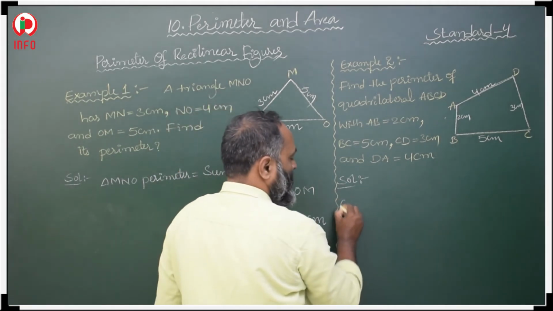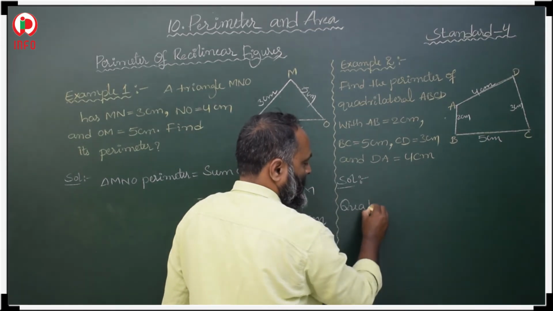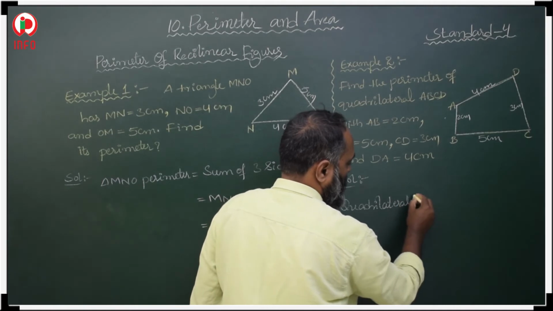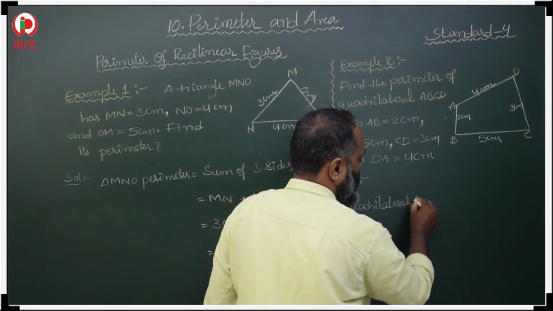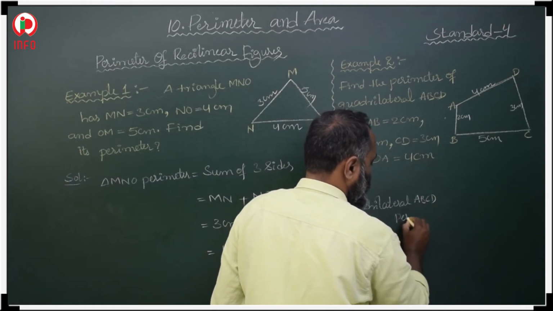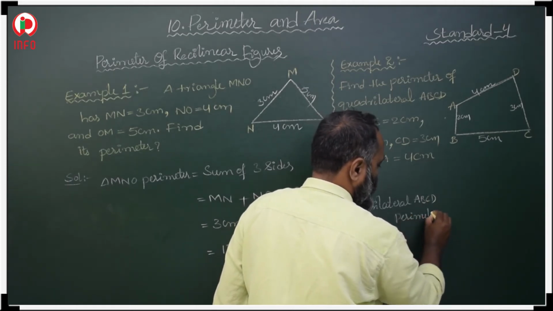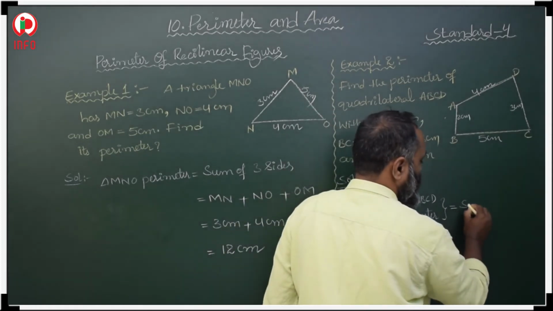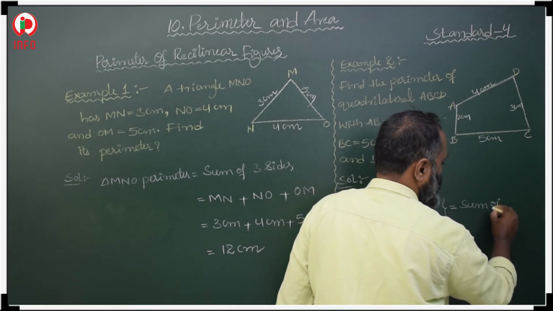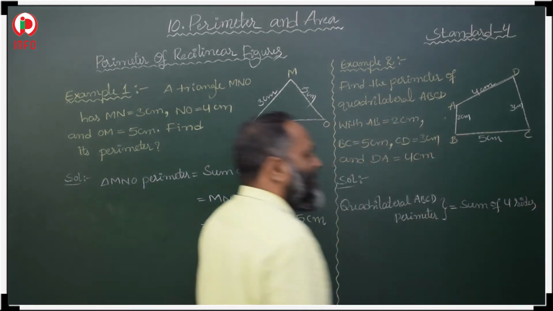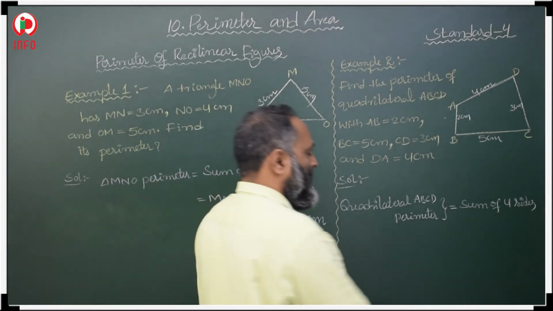So quadrilateral ABCD perimeter is equal to the sum of 4 sides. We should add the 4 sides. So what are the 4 sides?